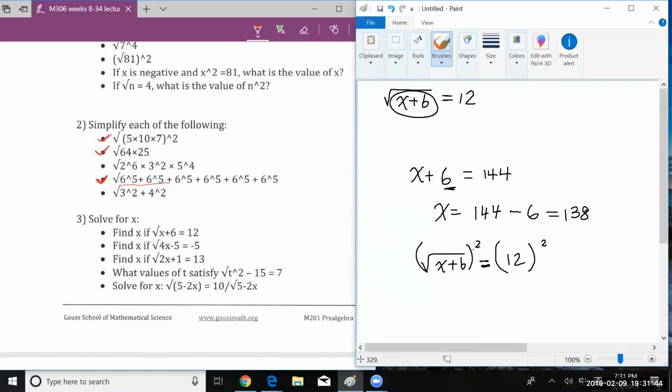So we square both sides. Remember we have a rule which says the square root of a squared is a, correct? So if we do this, we can successfully remove the square root sign. The left becomes x plus 6. The right is 12 squared, which is 144.